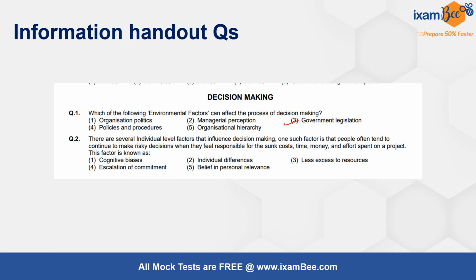One such factor is that people often tend to continue to make risky decisions when they feel responsible for the sunk cost, the time, money, and effort spent on a project. Sunk cost, whether time or money, is basically something you have already incurred in the past, and in future you cannot go and change it.